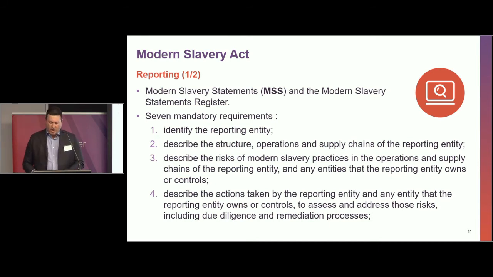The next one is describing the issues and understanding the risks. This is where I think most people have the concerns. Just how far do we have to go? What does it mean to actually explain what the risks are? In large organisations, you're going to have thousands of supply chains. Do I have to drill down through all of them?